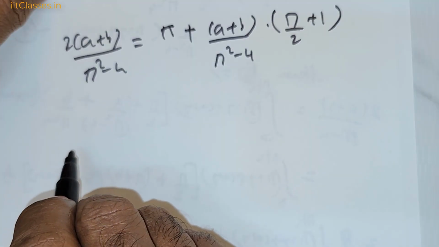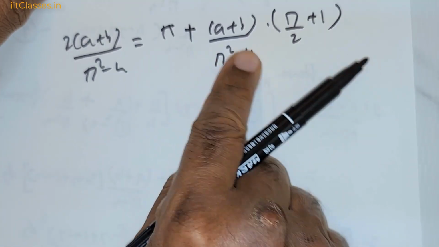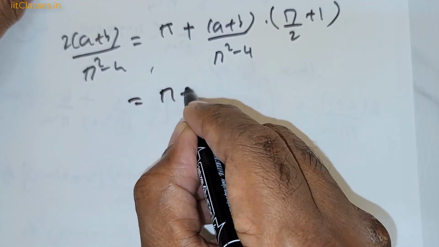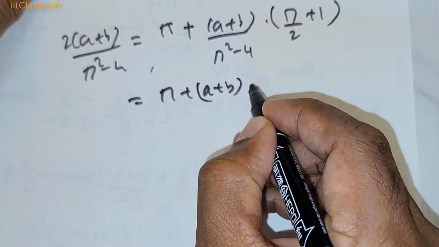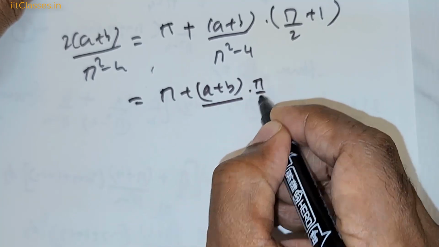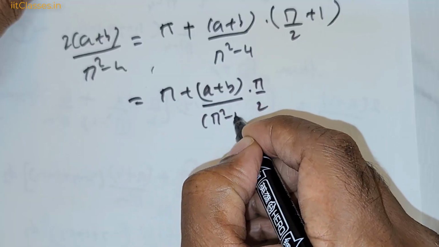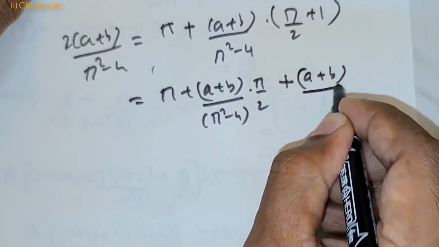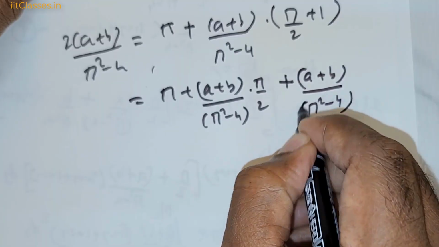So what I want to do is I want to move this quantity. So what do you have here? This is pi positive a positive b times pi over 2 with pi squared negative 4. That is one quantity. And then a positive b divided by pi squared negative 4. This is one quantity.